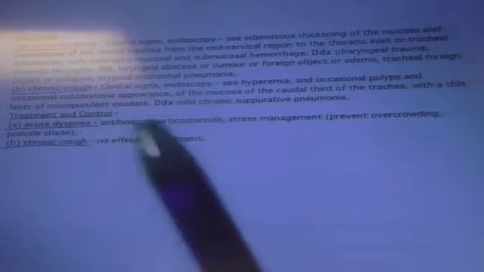All right, so the endoscopic findings are listed there, but bear in mind that you probably would not go to the extent of performing endoscopy in the vast majority of cases. And as far as your treatment and control for the acute dyspnea form, again, these are cattle that have been in the feedlot for a while, so you do want to treat them because they're getting ready to go to market.